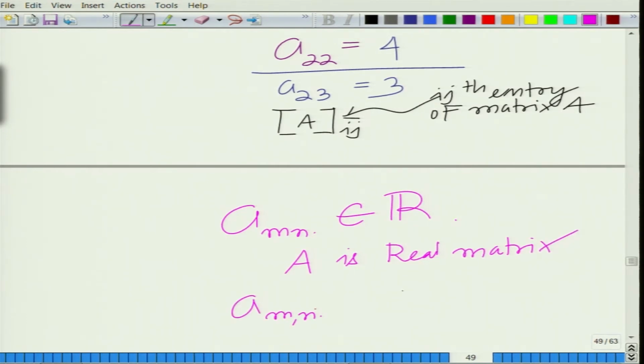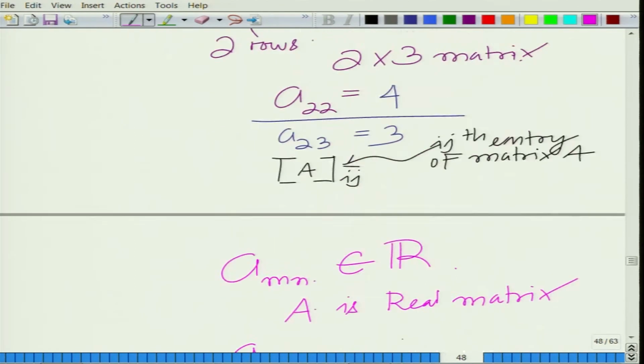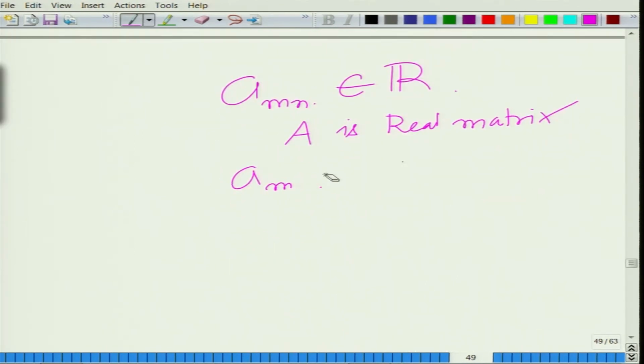If the entries are complex, then A is a complex matrix.